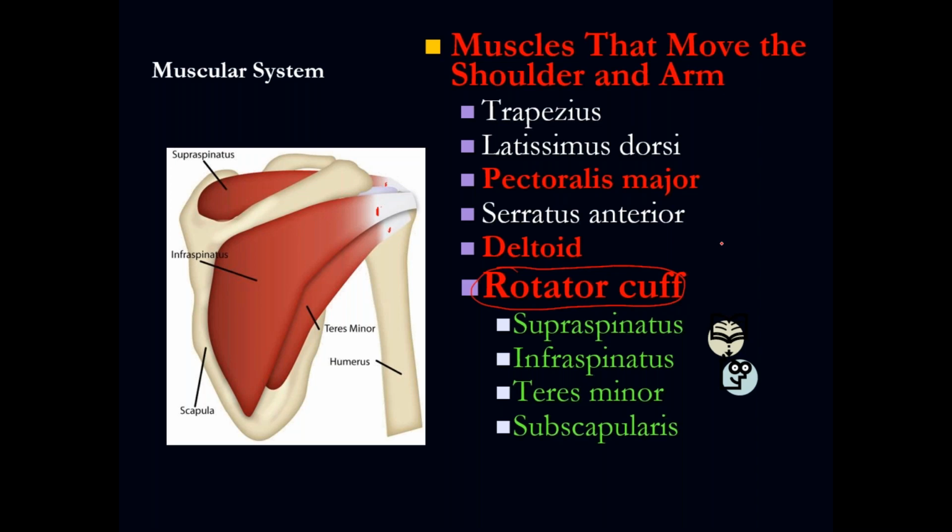That is a sign of rotator cuff injury. Okay. So what is going to alleviate the pain? When you put your arm in front of you and flex the arm. That is the position that can relieve the pain.